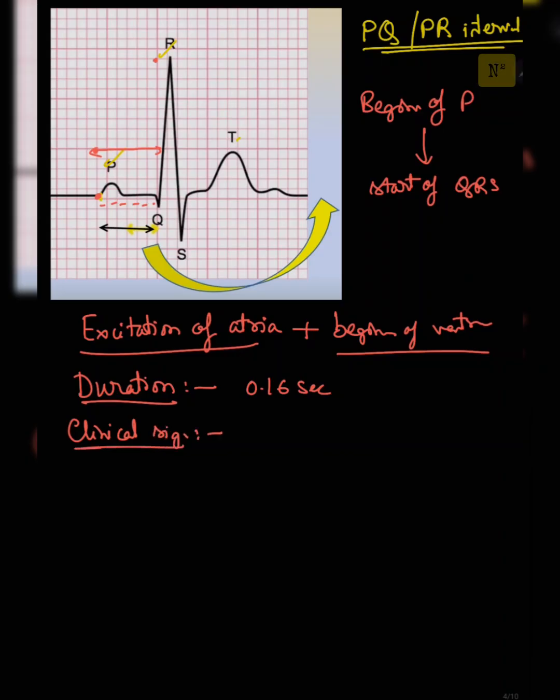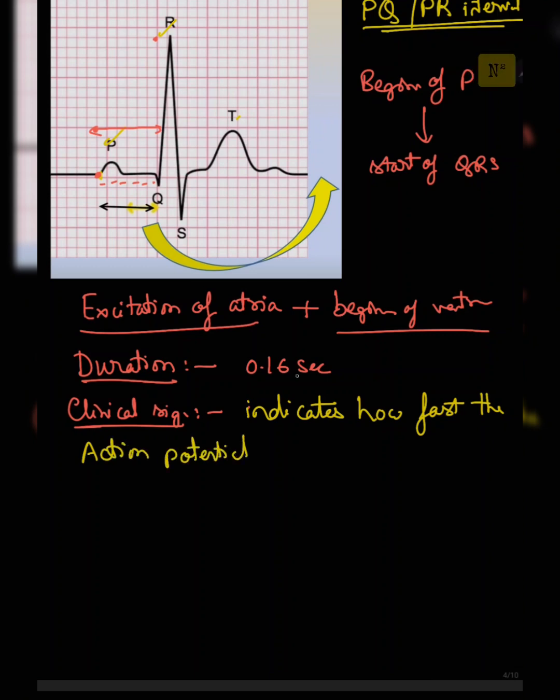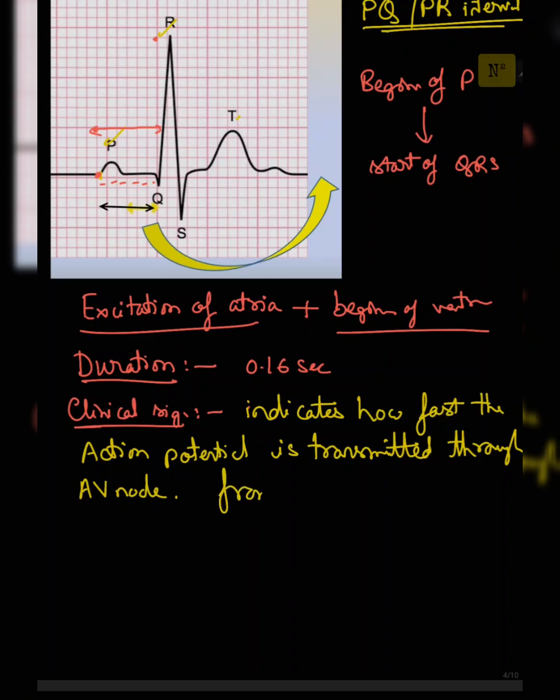The clinical significance of this interval is that it indicates how fast the action potential is transmitted through the AV node from atria to ventricles.